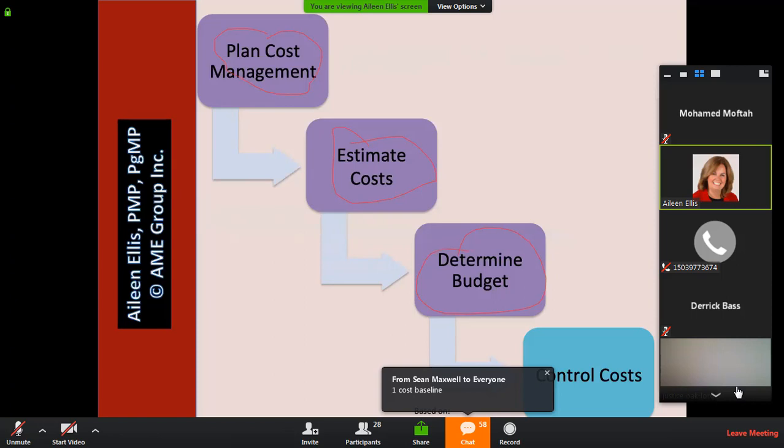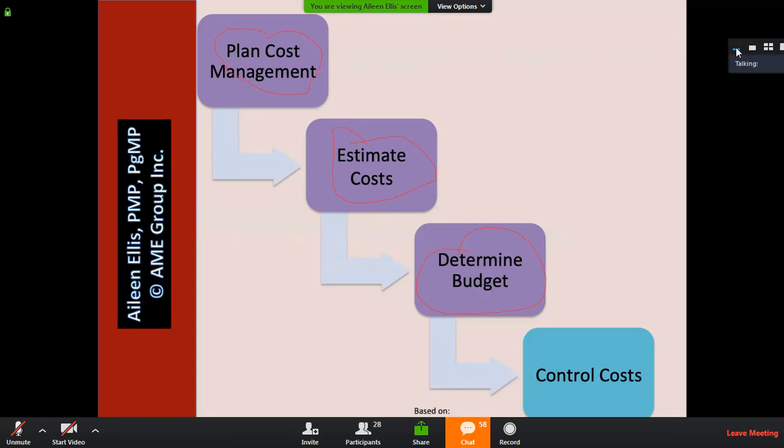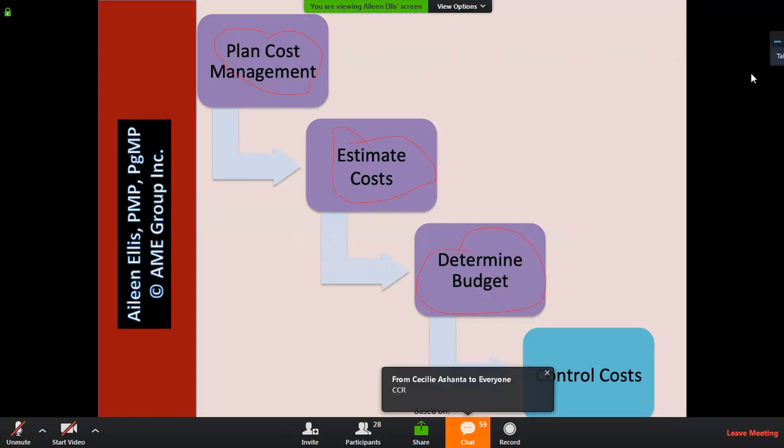And then if we go to control costs, what would you say are some of the outputs of control costs? Okay, so cost forecasts, work performance information, change requests. So that's great.